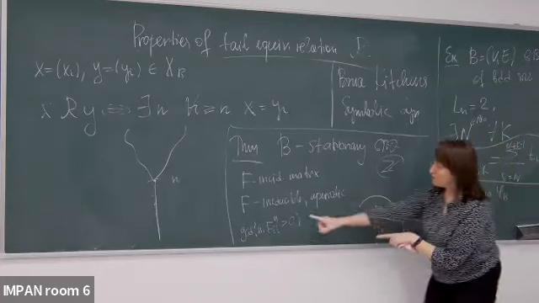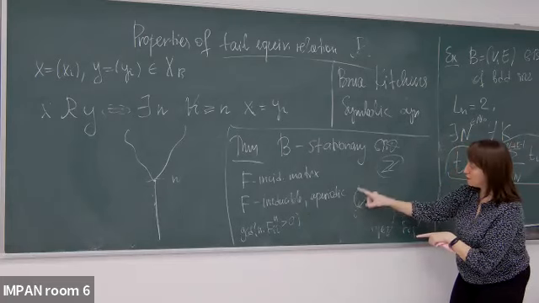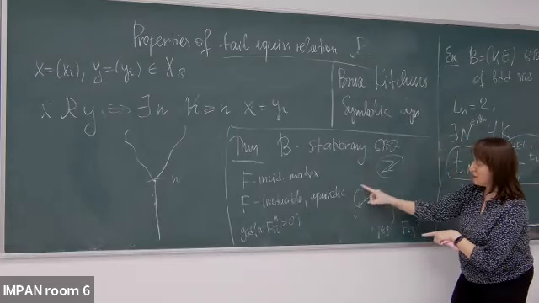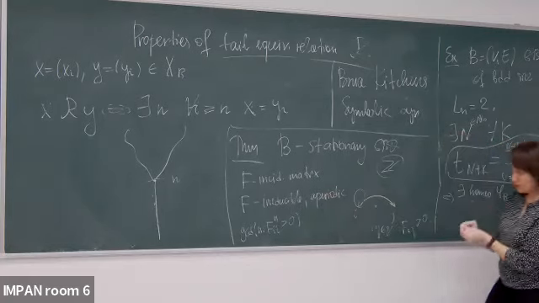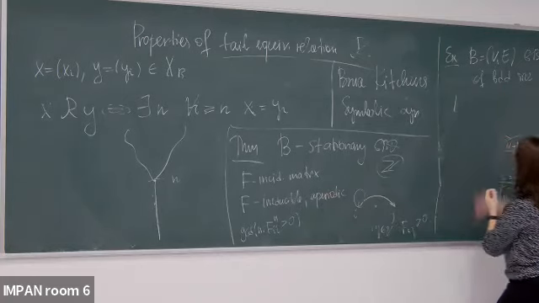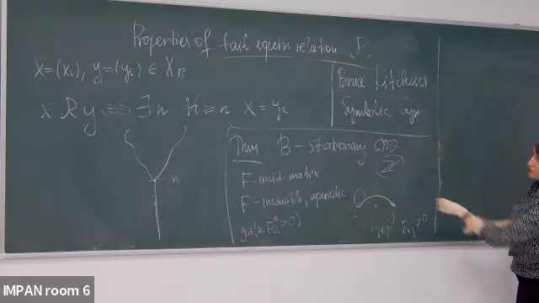So aperiodic means that we look at all possible paths from i to i and at their lengths, and the greatest common divisor of these lengths is equal to 1. This is our assumption on the incidence matrix.